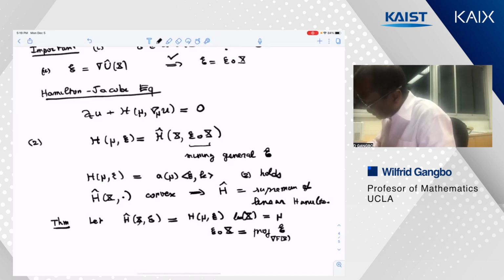So this means the projection on the set of vector fields which can be factored into this.